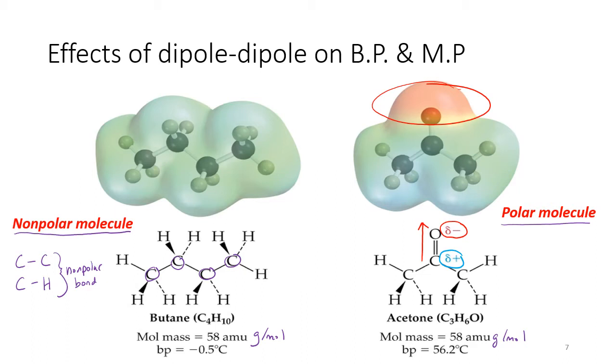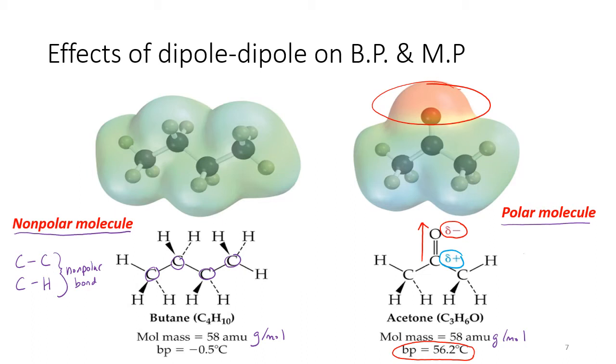This means that butane is actually a gas at room temperature. Versus acetone, which is a polar molecule, it has a boiling point of 56.2 degrees Celsius. So the intermolecular forces between our polar acetone must cause the boiling point of this molecule to be much greater than that of butane, which is a nonpolar molecule.